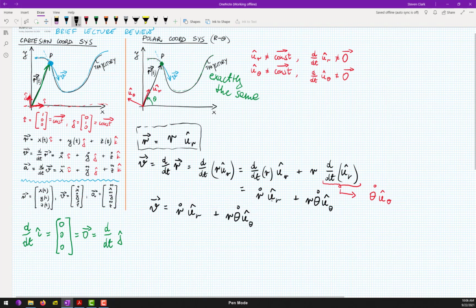And if we take one more time derivative, maybe before that, I should introduce u theta. U theta is always perpendicular to ur, and it's always on the left-hand side of it. It cannot be here, never, ever. This is wrong. Don't put it here. U theta is always on that side.